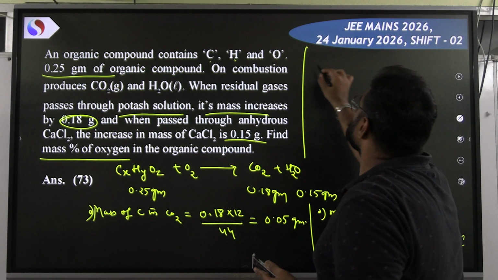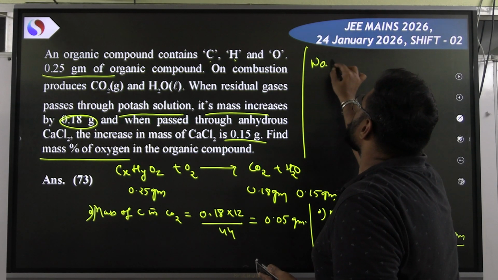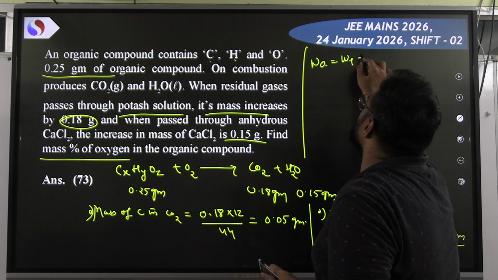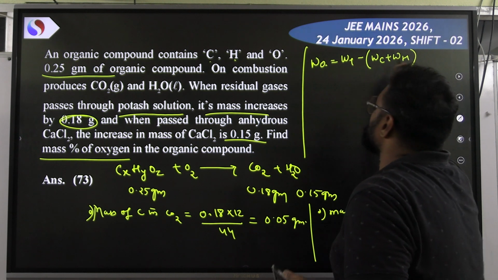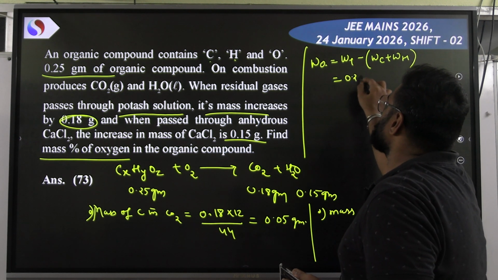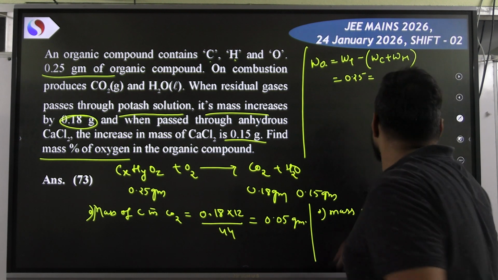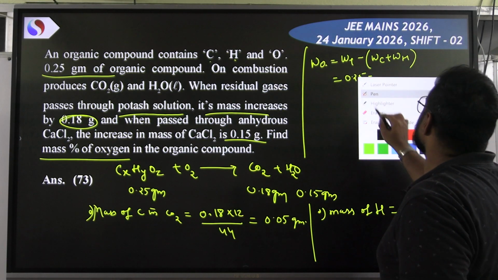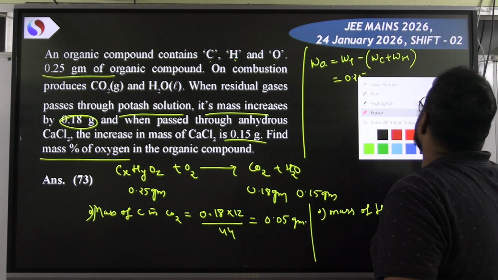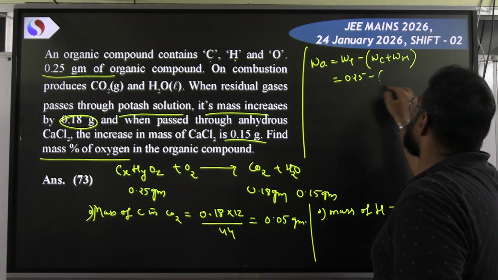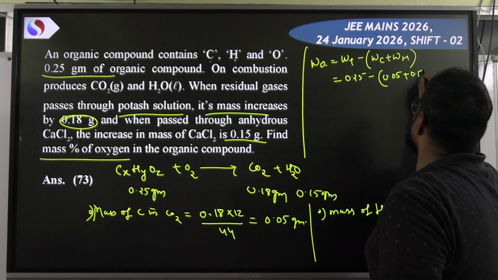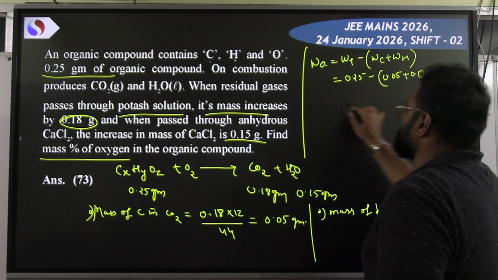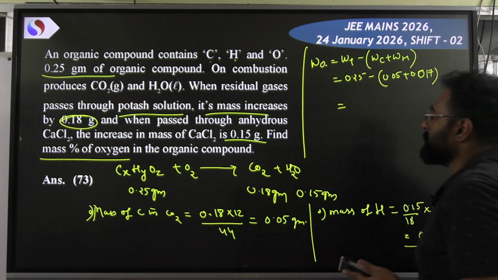So weight of oxygen is equal to weight total minus weight of carbon plus weight of hydrogen. It is but obvious. So 0.25 minus 0.05 plus 0.017. So this weight will be how much?